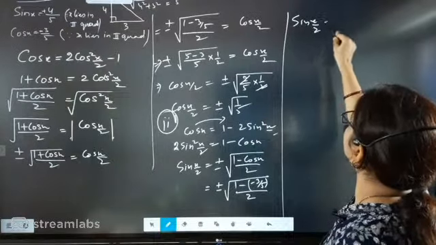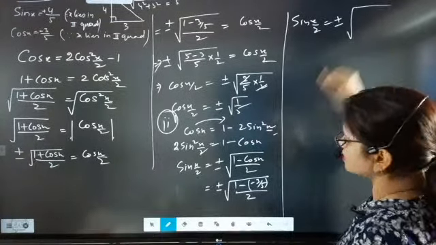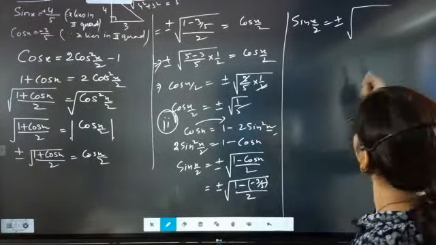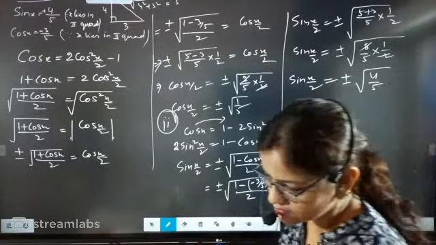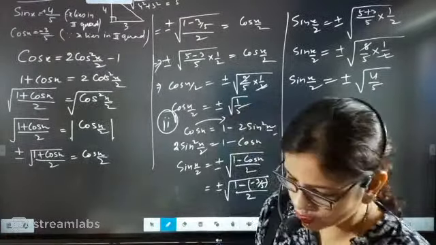Sin x by 2 equal to plus minus, 5 plus 3 by 5 into 1 by 2. So sin x by 2 equal to plus minus 8 by 5 into 1 by 2. So it is coming beta, sin x by 2 equal to plus minus 4 by 5. That's it. Plus minus 4 by 5.